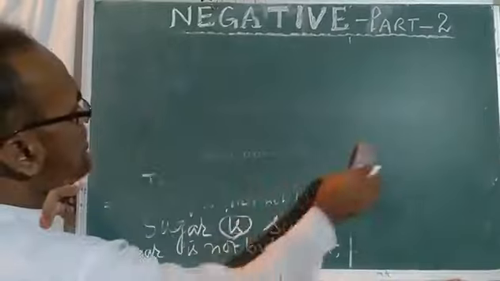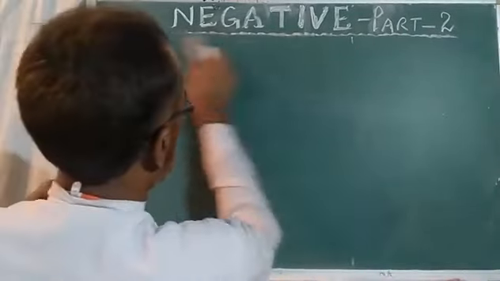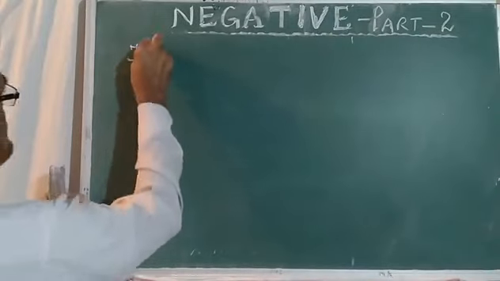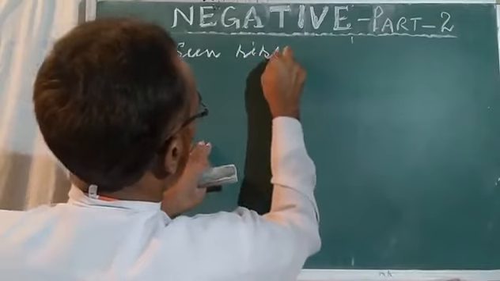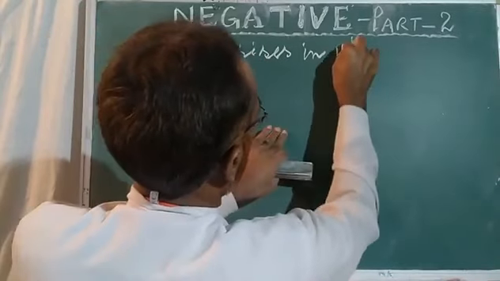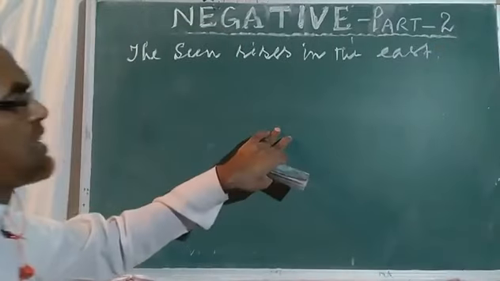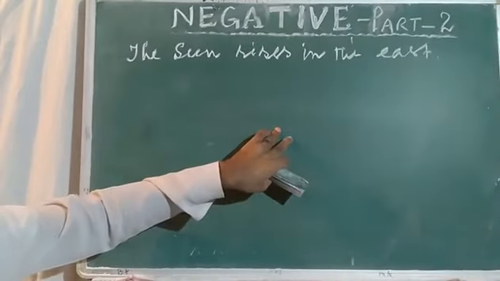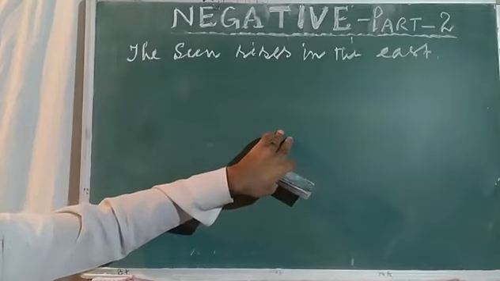You may imagine a sentence like the sun rises in the east. It is a universal truth sentence but in which there is no auxiliary.